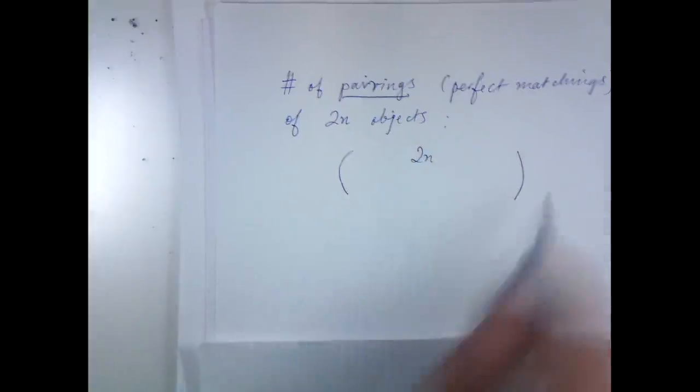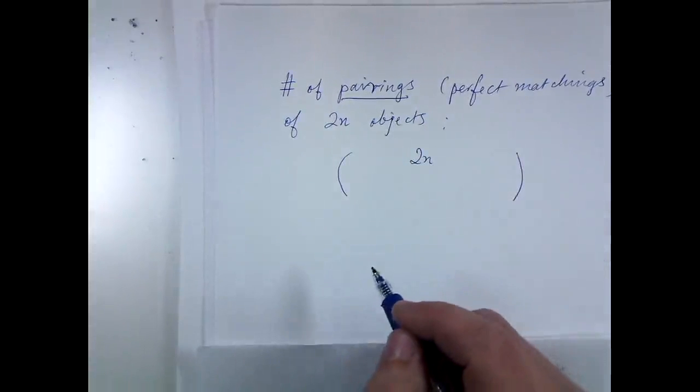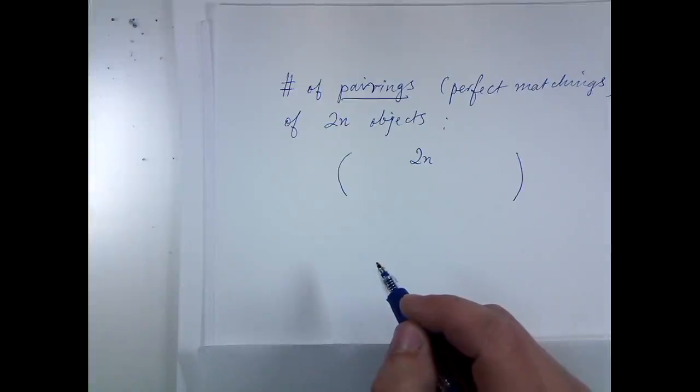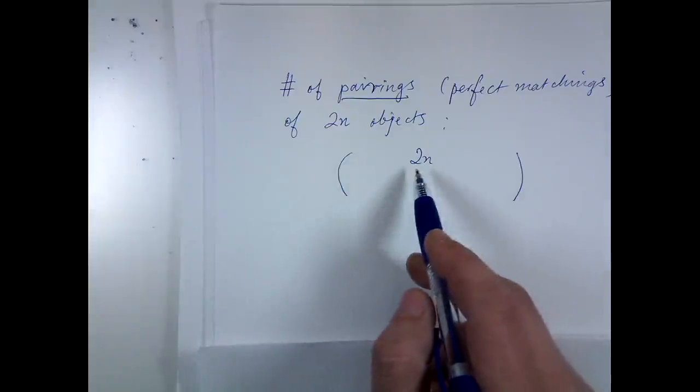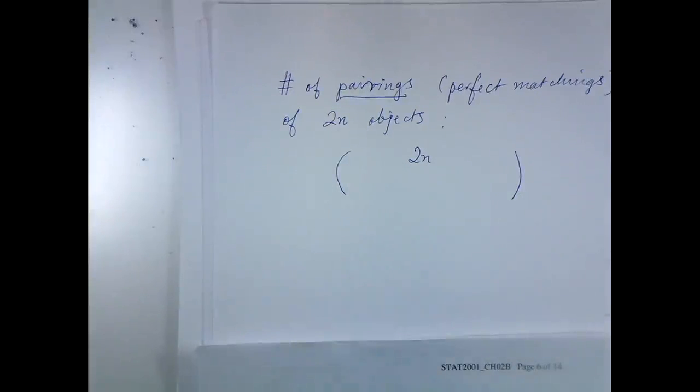What do I put down the bottom of the multinomial coefficient? We want to divide the 2n into groups. Another way of doing that is doing a word in 2n elements where the letter tells you what group that person is in. So it could be A, B, A, which means person 1 in group A, person 2 in group B, person 3 in group A.